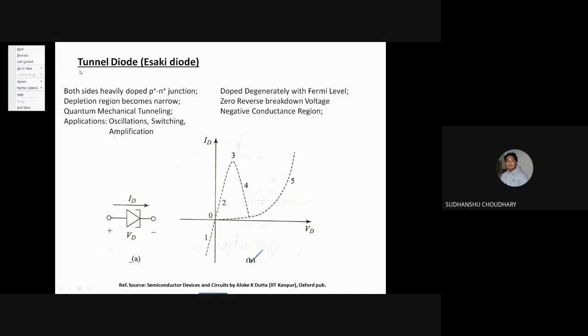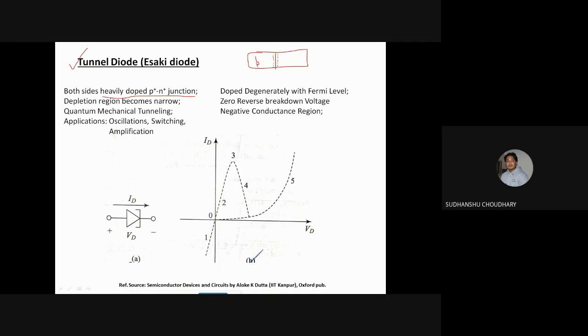Now let us come back to heavily doped junctions. Sometime back we had discussed heavily doped junctions, so let us come back to the same topic, and in fact we want to discuss the tunnel diode. In heavily doped junctions we had discussed that if both sides are heavily doped, then the depletion region is very thin, or the barrier is very thin.